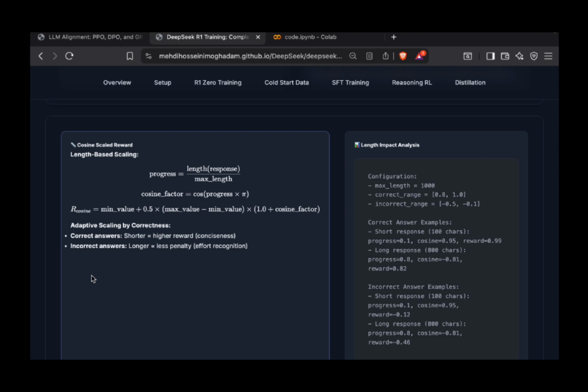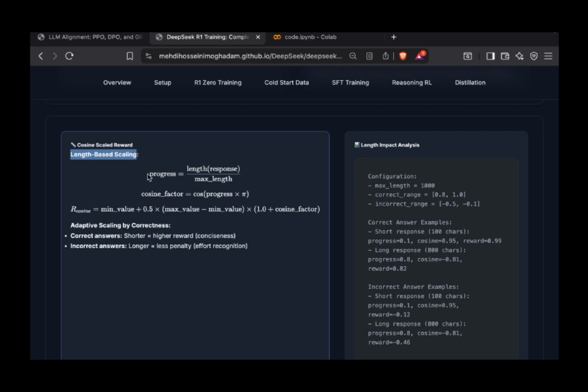The other one would be the length of the response, which is also very important, because when LLMs answer a question, we don't want very lengthy answers, and at the same time we don't want very short answers.